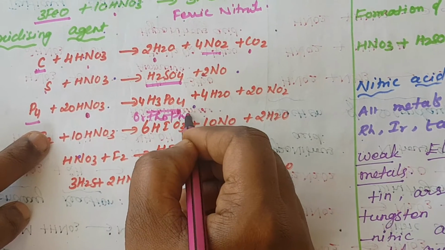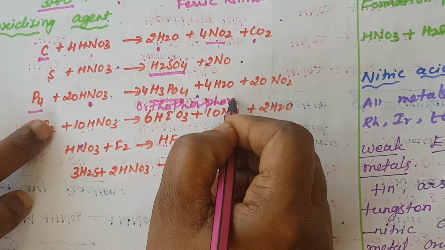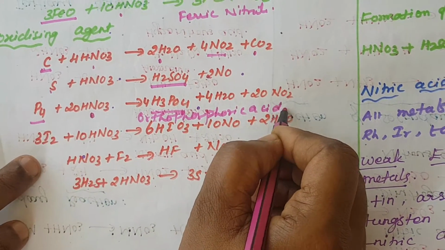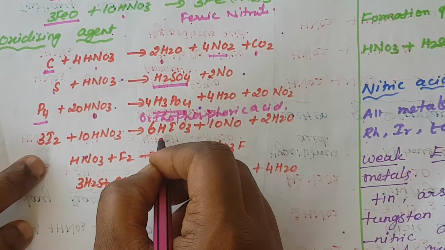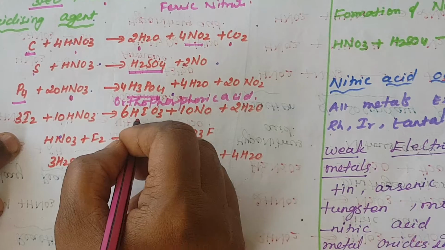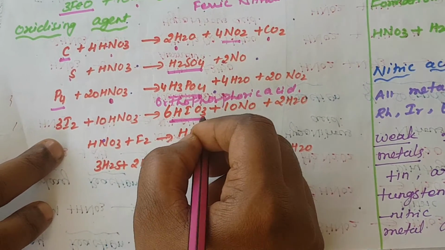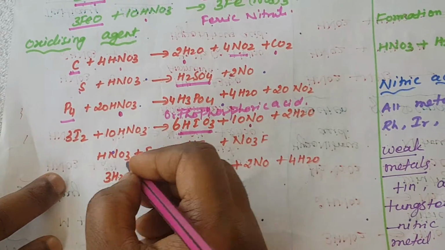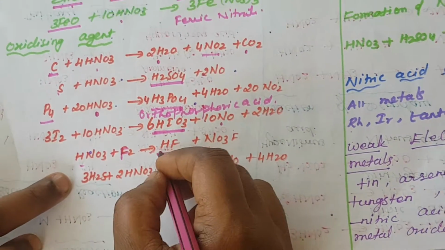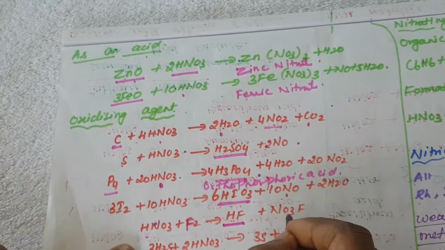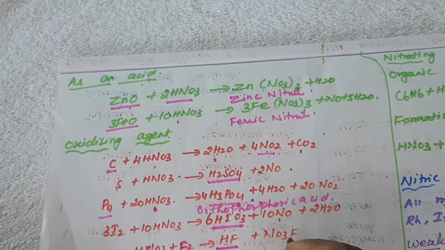Iodine reacts to form iodic acid, HIO3. Fluorine, F2, gives hydrogen fluoride and nitrogen trioxide fluoride.